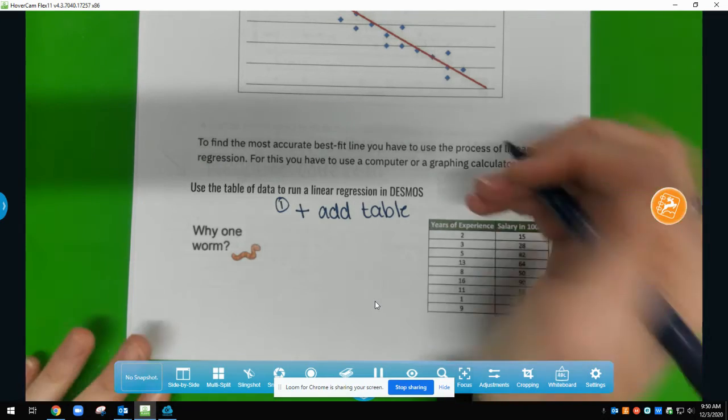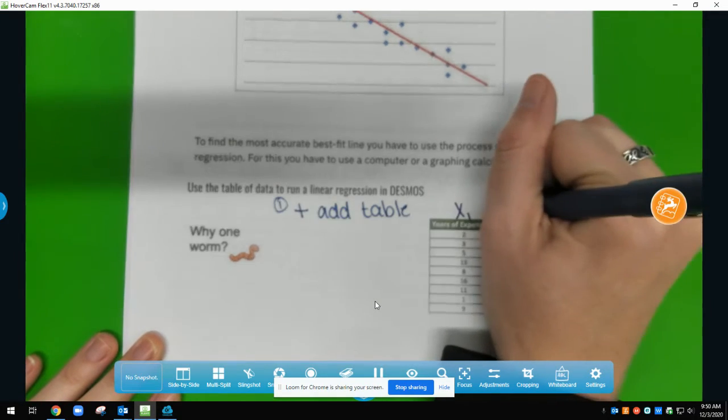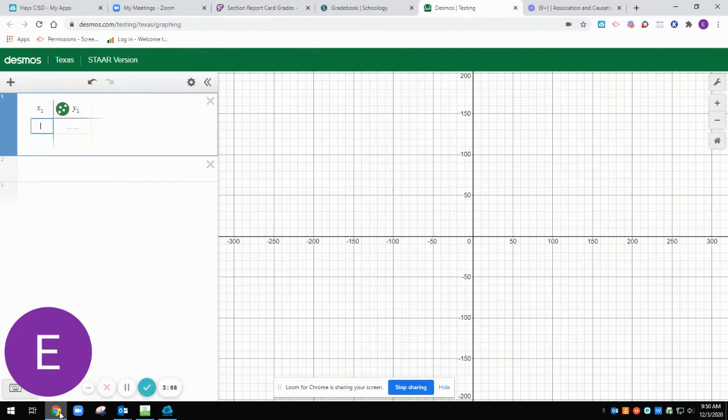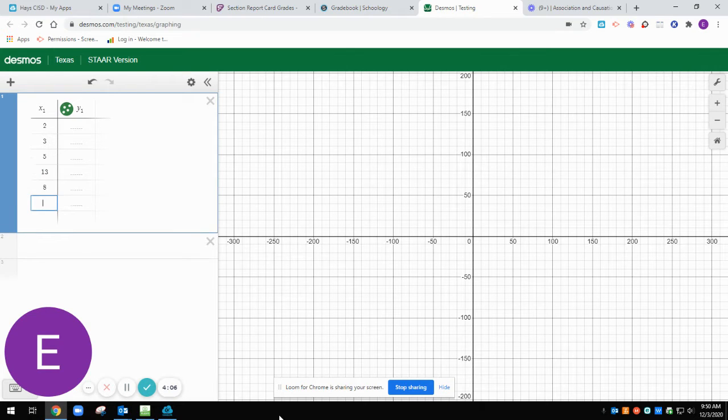So I'm going to go ahead and write that above my table. X1 and Y1, that way it matches. Okay, so now we are just entering the data. So we have 2, 3, 5, 13, 8, 16, 11, 1, and 9.